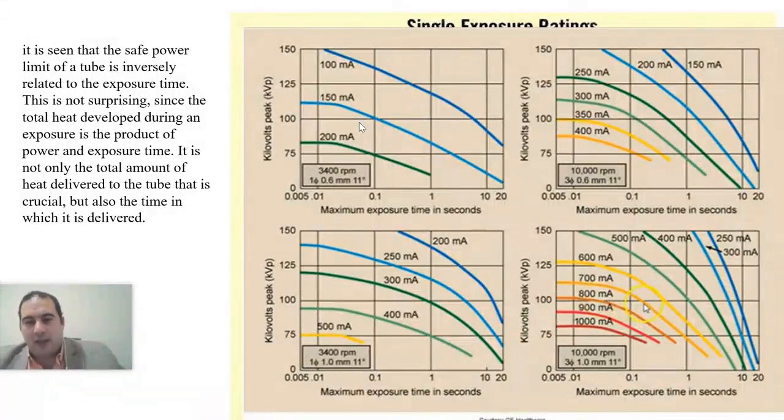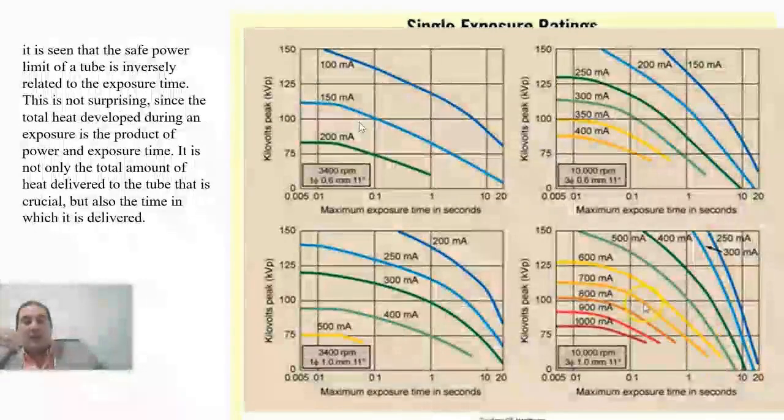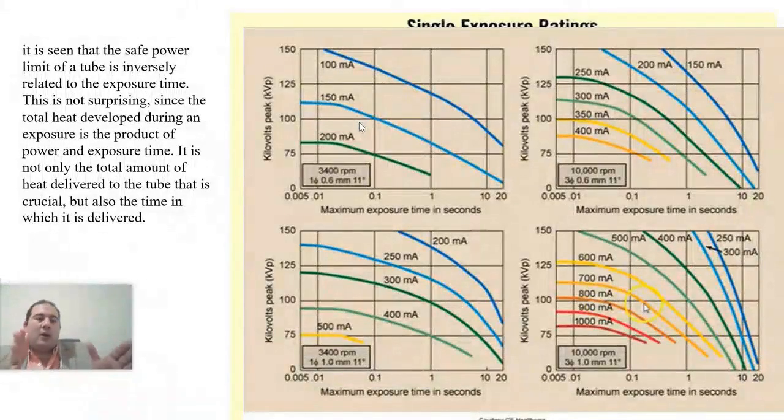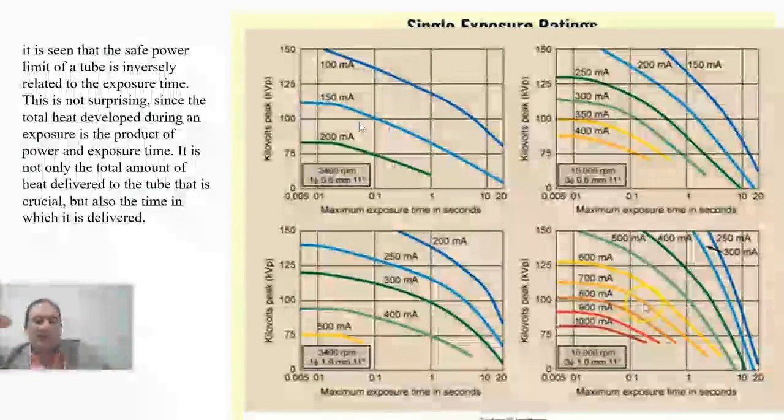Because with some machines, when you set high parameters, like 100 kilovolt and a high milliampere, it might tell you that you cannot perform that scan in 10 seconds or 20 seconds. You might be limited to, for example, 5 seconds and cannot exceed that. In this case, you can almost determine the limits of what is possible.